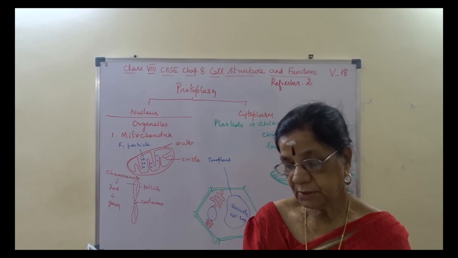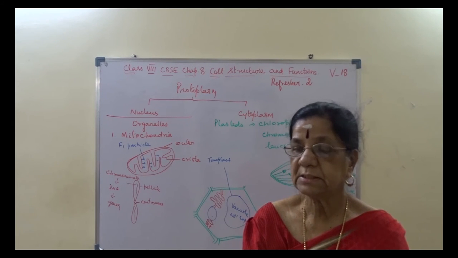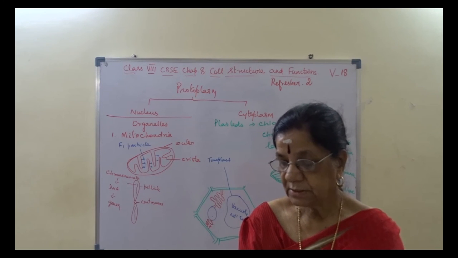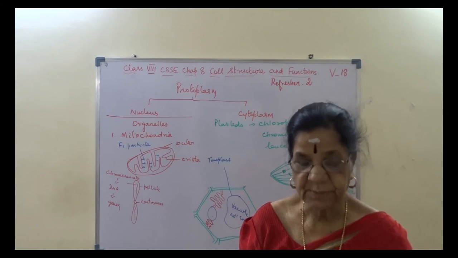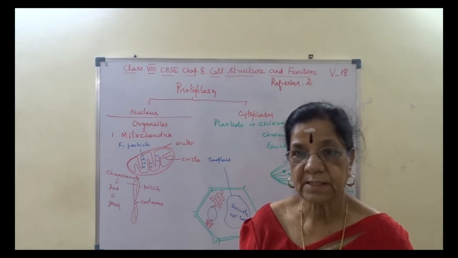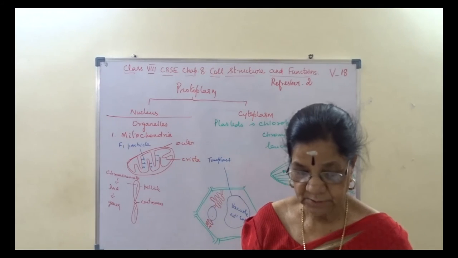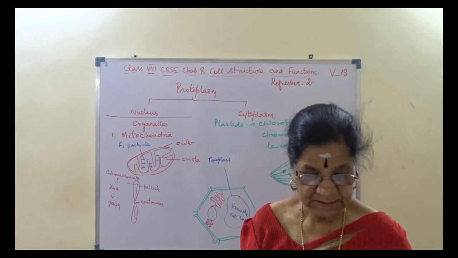The two polynucleotide strands are held together by hydrogen bonds between specific pairs of purine and pyrimidine. Specific pairs: adenine will go with thymine, guanine will go with cytosine. I hope you understand this.